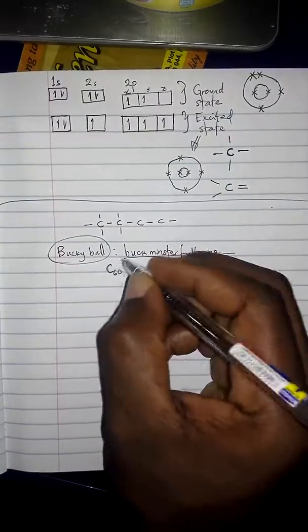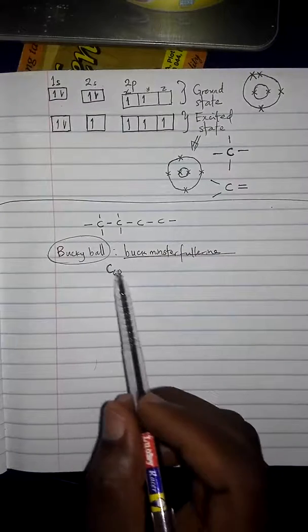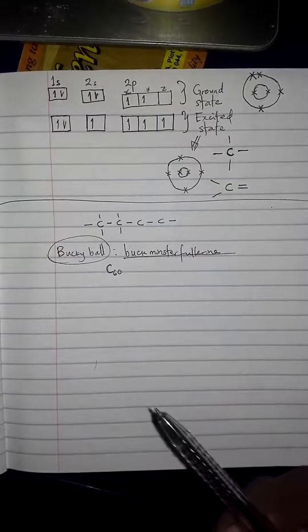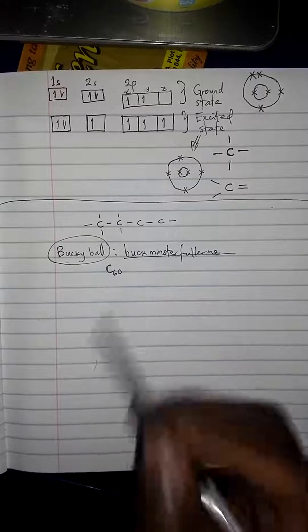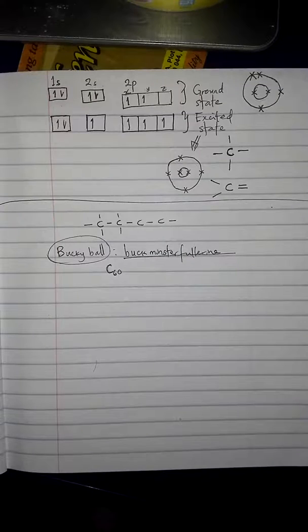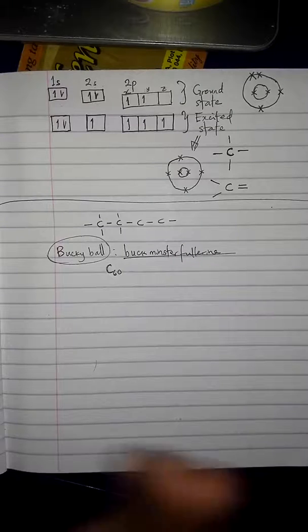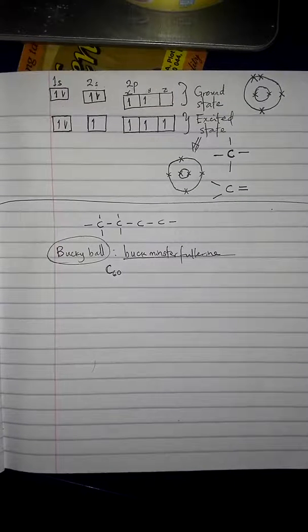That is, you have 60 carbon atoms forming a very long chain with themselves. So that is what I mean by catenation, the ability of an element to form multiple bonds among itself. Several atoms come together and form multiple bonds with themselves, and carbon exhibits this property, as we've talked about.